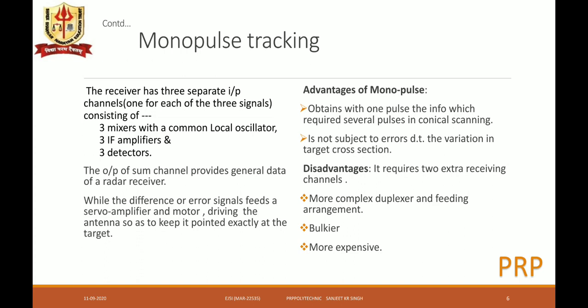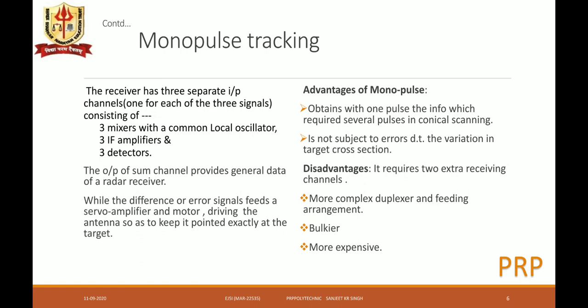Advantages of the monopulse tracking method: firstly, it obtains with a single pulse the information which requires several pulses in the case of conical scanning. It is not subjected to errors due to variation in target cross section, as it makes use of three received pulses, three channels.